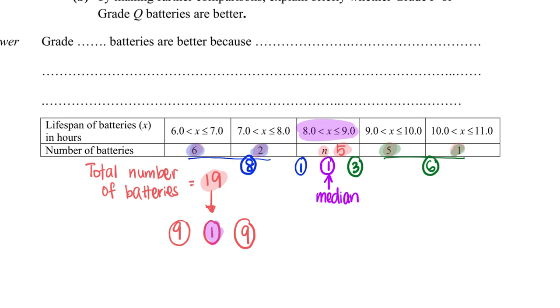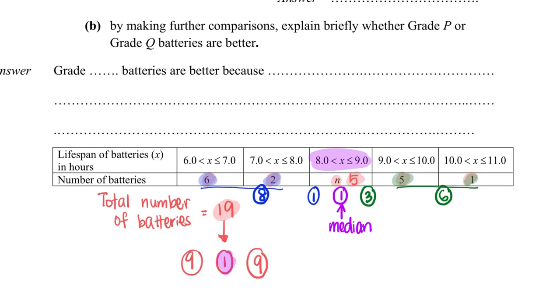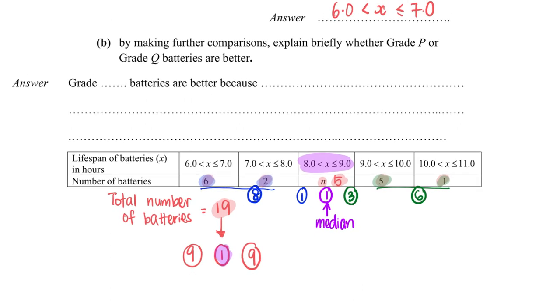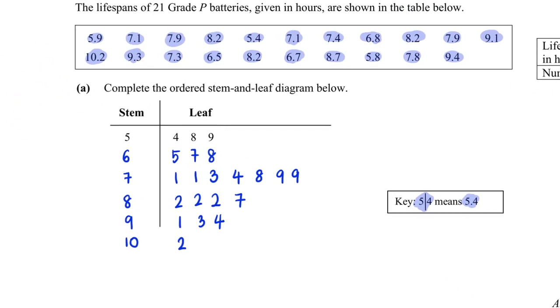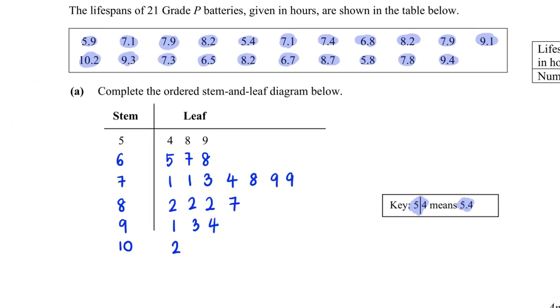Because this tells me that the median for grade Q batteries is more than 8 hours, less than or equals to 9. And when I compare this to grade P, I need to go back here, grade P, where there are 21 batteries. So this is what I usually do.